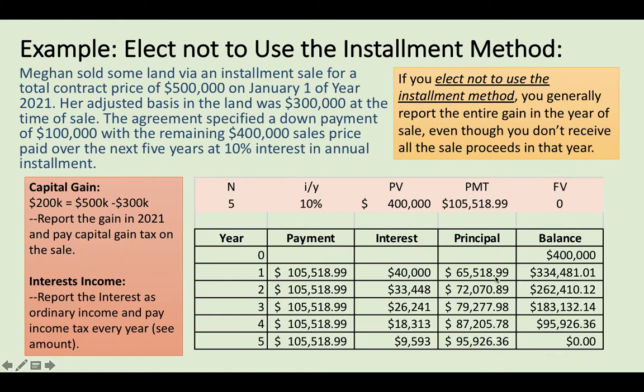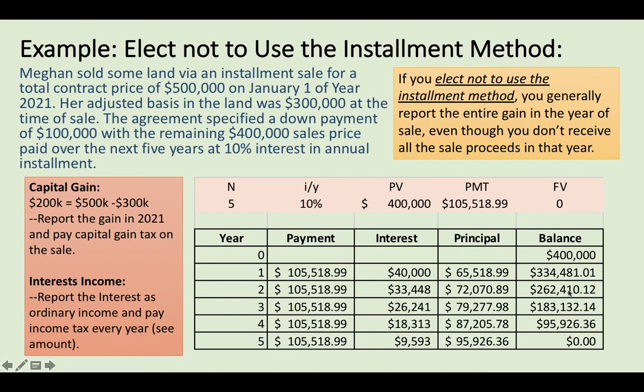In year two, you receive the payment, and 10% of the balance is the interest. The payment minus the interest gives you the principal, and this principal pays down the balance.